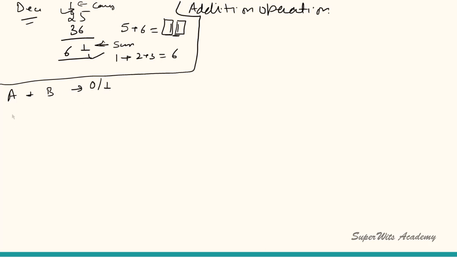If I have to add a value A which is 0 and a value B which is 0, the outcome is 0. So I'm doing a 2-bit operation here, where 1 bit belongs to the first input and the second bit belongs to the second input. Similarly, if my A is equal to 1 and my B is equal to 0, in this particular case my output will be 1.